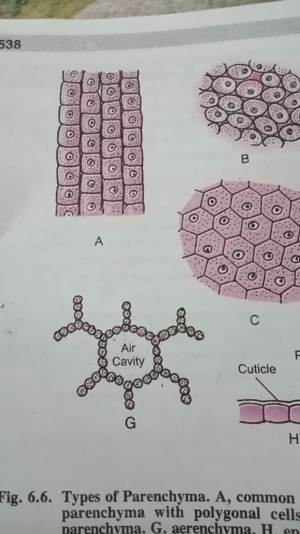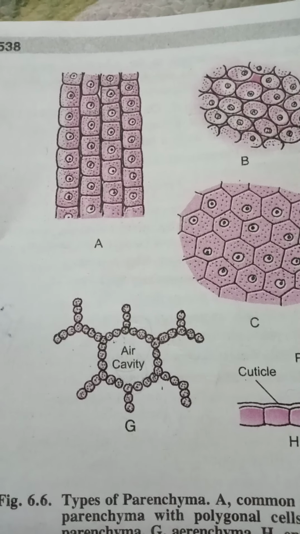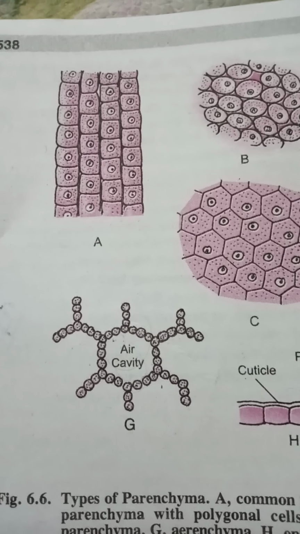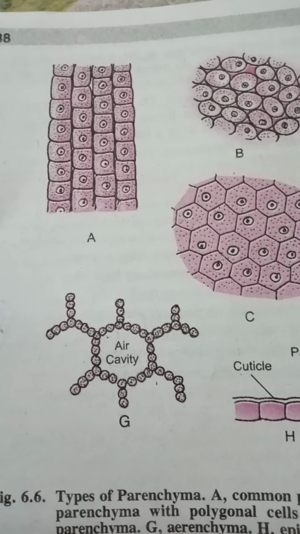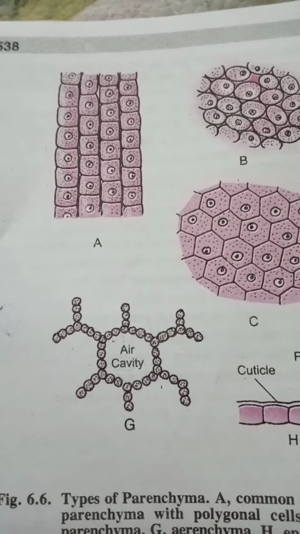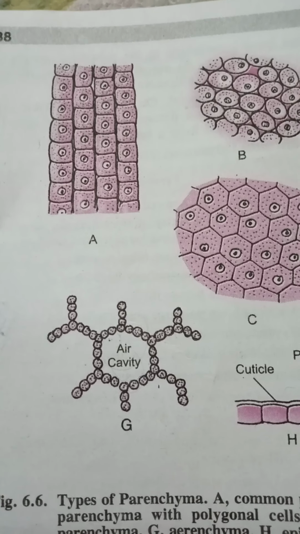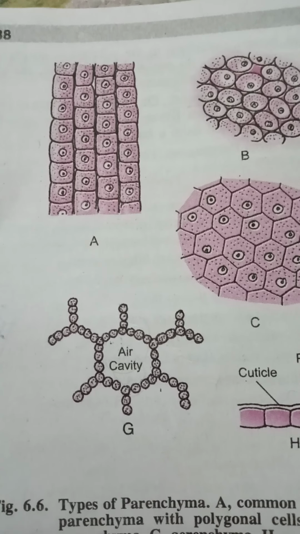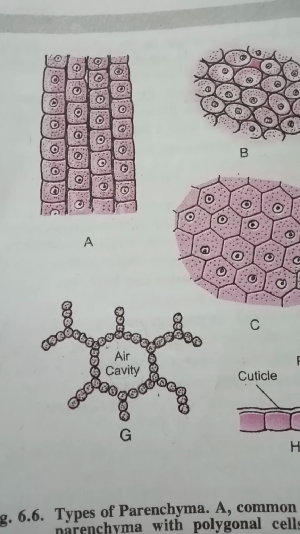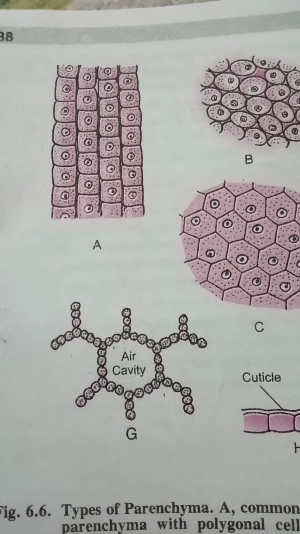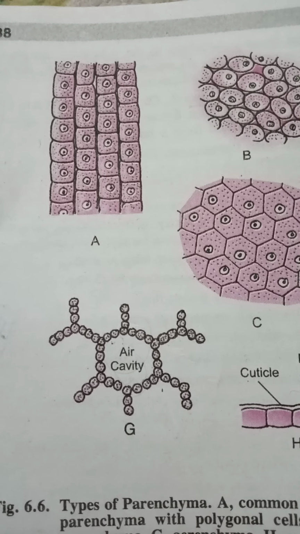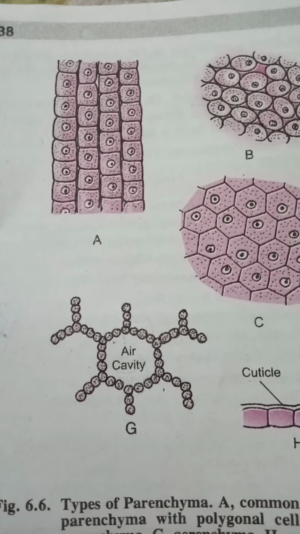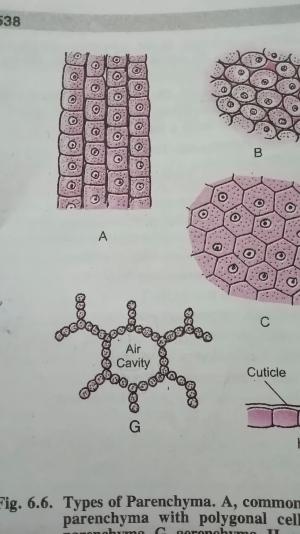Basically, there are three types of permanent tissues: simple, complex, and special permanent tissue. First of all, let us discuss the simple permanent tissue. It is actually a homogeneous tissue. Homogeneous tissue means all the cells are similar, and are formed from only one type of structurally and functionally similar mature cell.